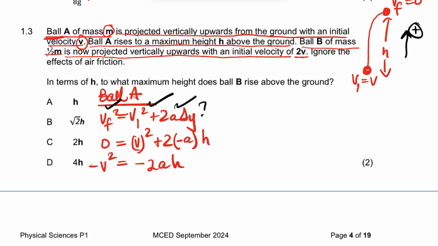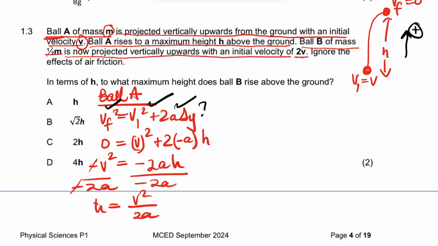We're looking for h, right? We're going to divide by negative 2a, and then the negatives will cancel, so h is equal to v squared over 2a, right?